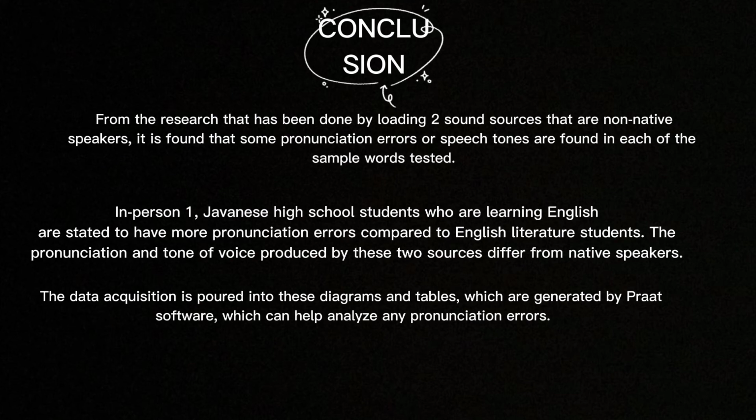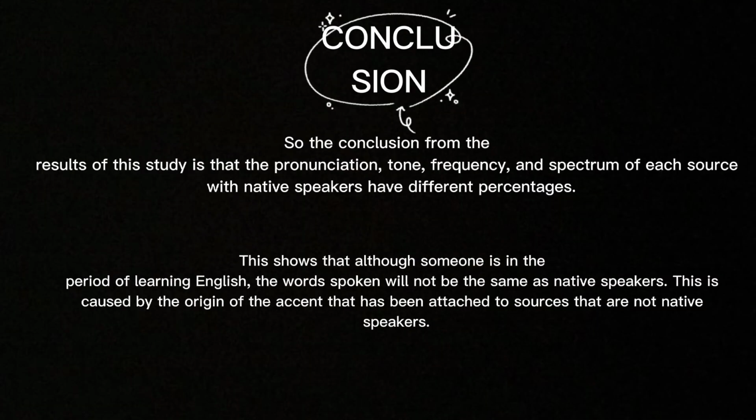The data acquired is put into these diagrams and tables, generated by Praat software, which can help analyze any pronunciation errors. So the conclusion from the result of this study is that the pronunciation, tone, frequency, and spectrum of each sound source differ in percentage from native speakers.